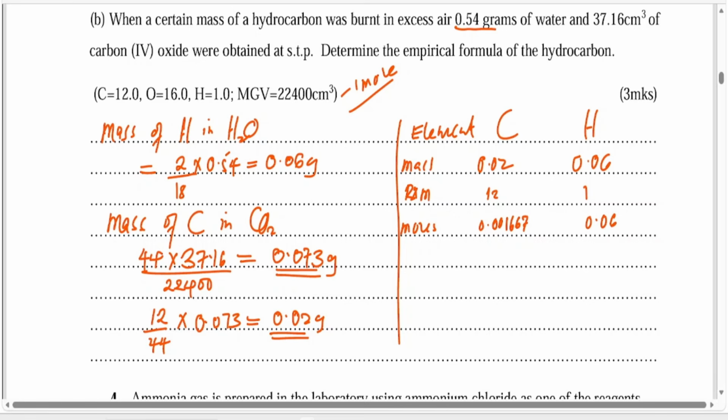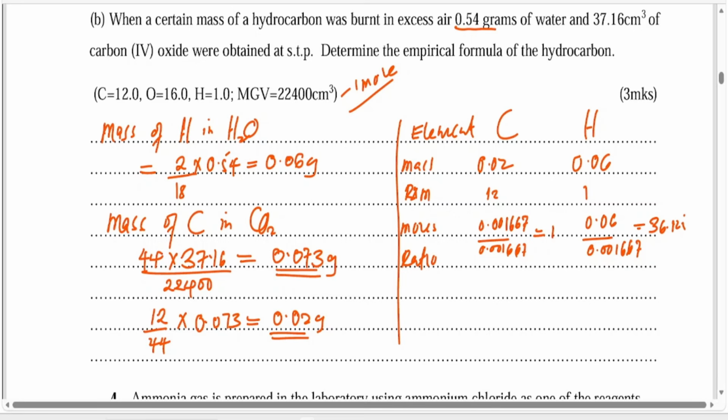Then I divide by the smallest to get the mole ratio. So I divide this by 0.001667 and I divide this by 0.001667. When I work it out to get the mole ratio, this is 1. And on the other side, I'll get 36.125. And it was noticed that this question had a typing error.